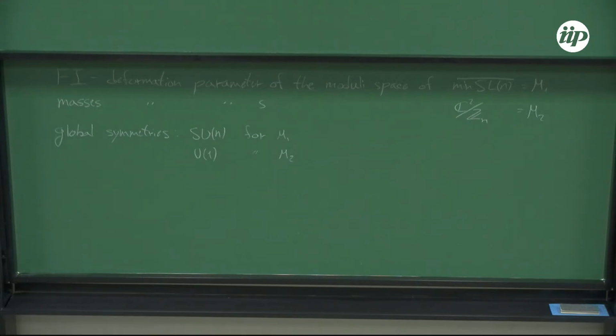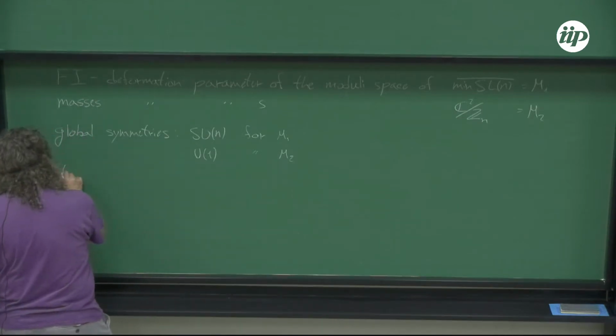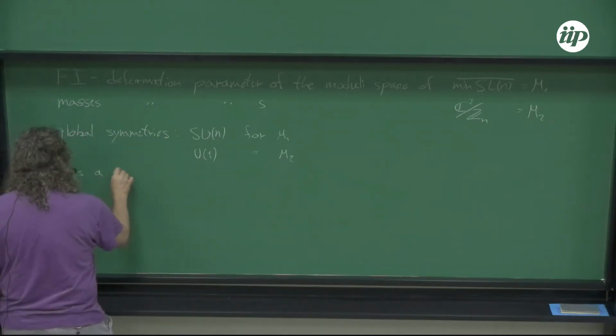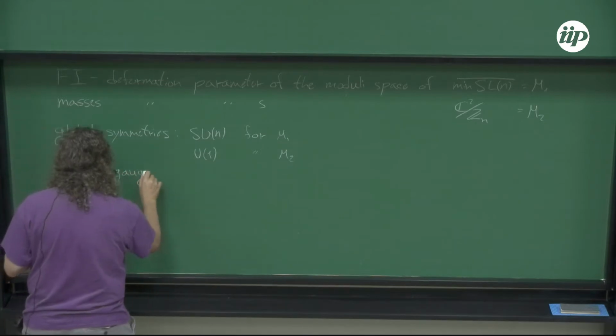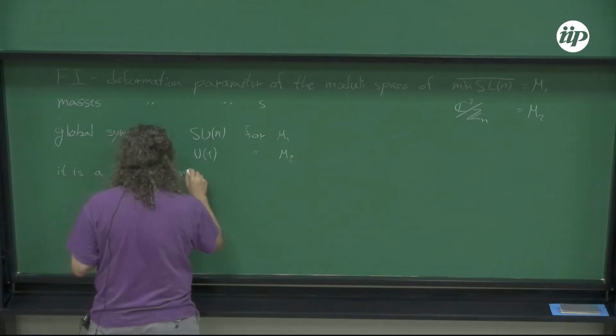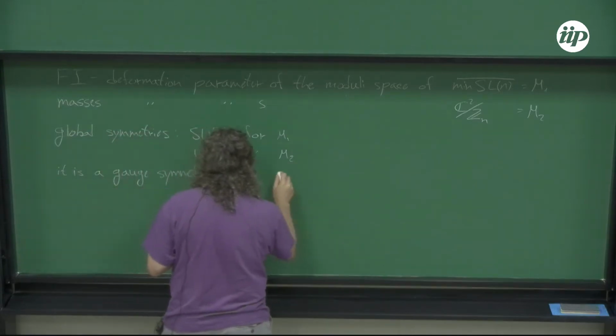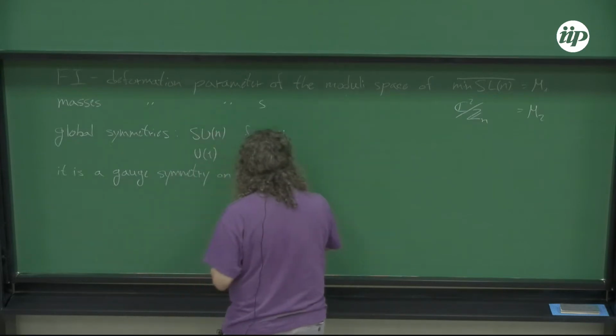So the global symmetry is actually identified with a gauge symmetry on the 5 branes.